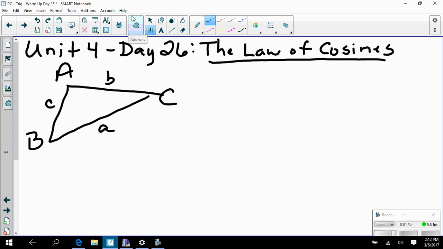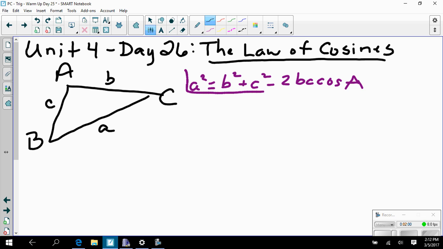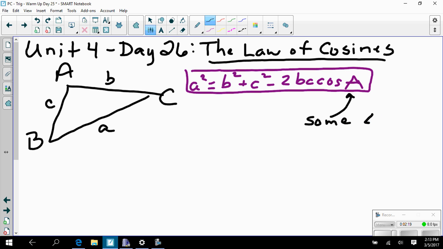And Law of Cosines, let me just write out the formula first, is a squared equals b squared plus c squared minus 2bc cosine A. Now that's the formula. Don't get too attached to the letters because it doesn't have to be a squared on the left. It could be b or c depending on what side you're looking for. But what's actually important is that this is some angle, and again, it can be any angle.